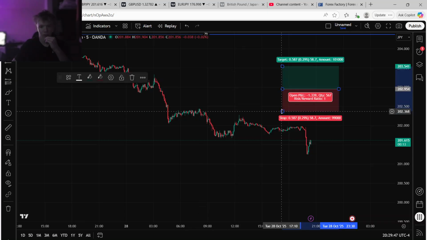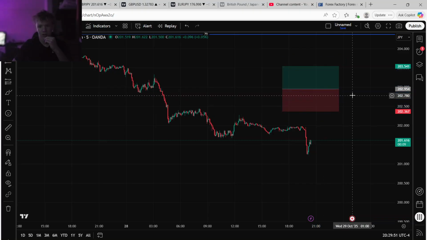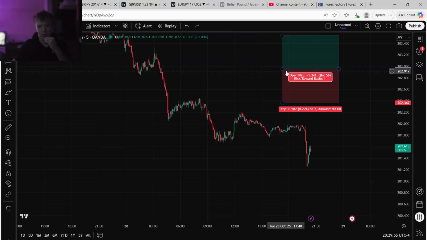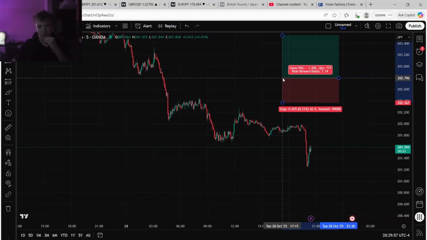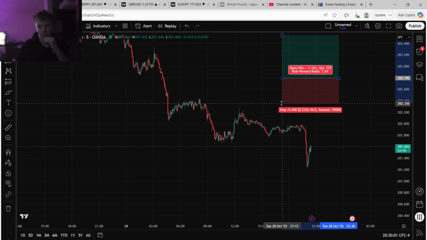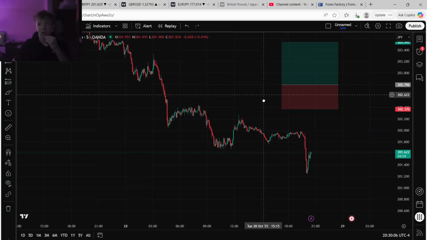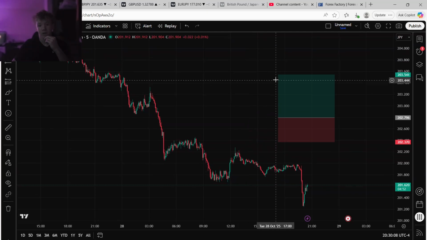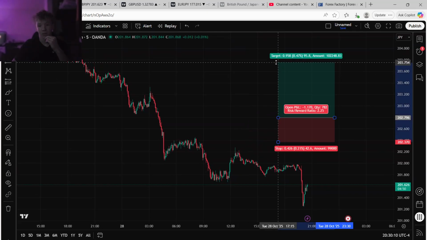It was bullish news. And we had, I want to say, about a 50 pip stop loss, from, just imagine, 202.8 to like 202.3. So our stop loss was 50 pips. Our take profit was 150 pips.